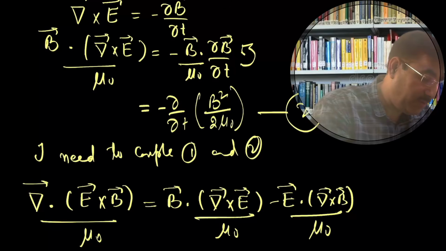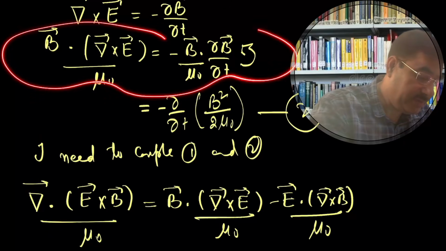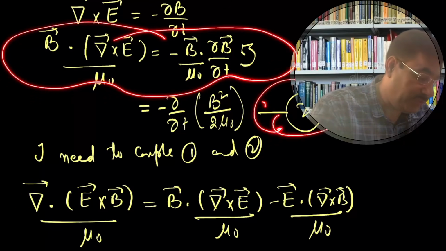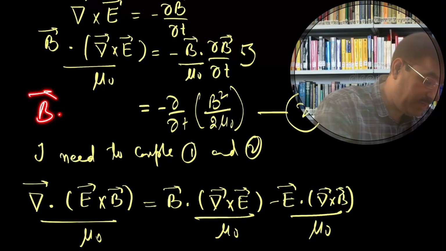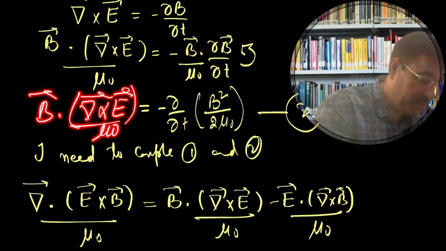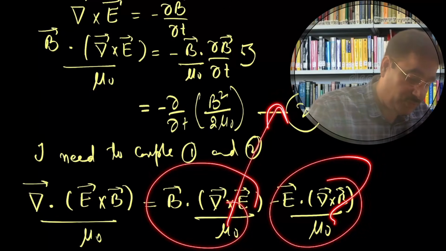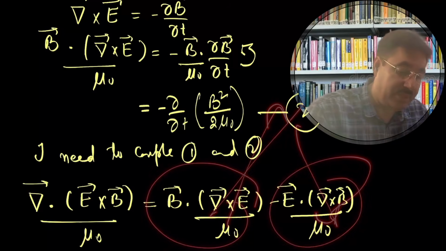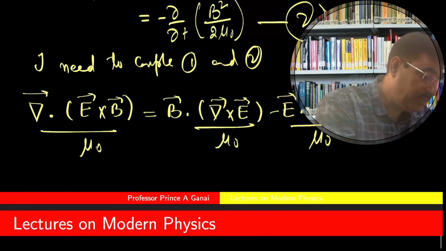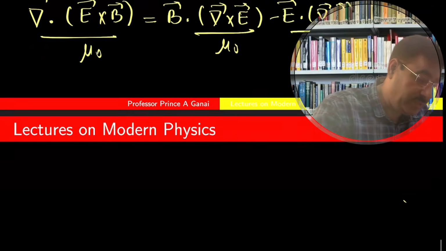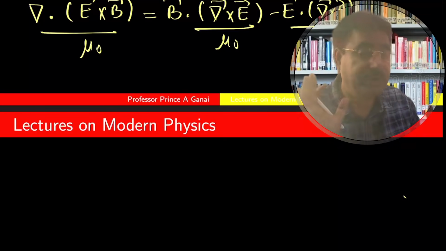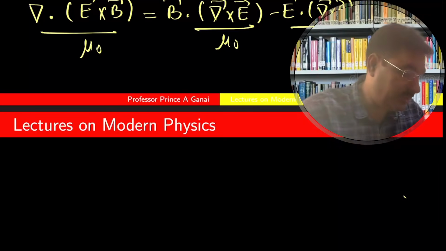It is here, divided by mu naught, equation number 2. So this is your second and this is your first. You substitute second and first in this equation. All you have to do is substitute these two equations and you have coupled the two equations.